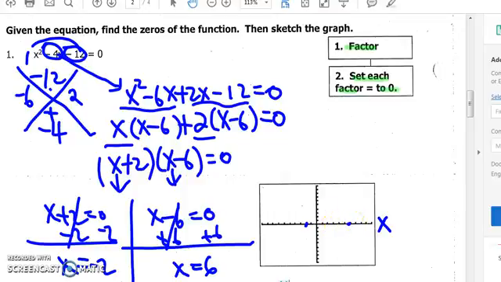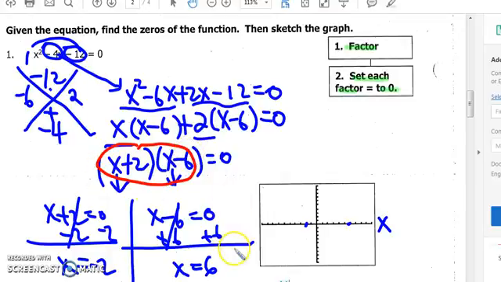And I have to go to the graphing calculator and check how the graph is going to look. So I'm going to have you go to the graphing calculator and check it. When you go to the graphing calculator, you're going to plug in just these two right here: x plus 2 parentheses x minus 6.